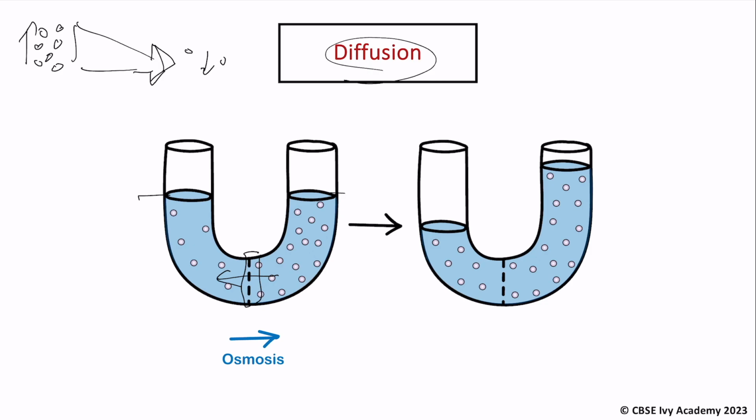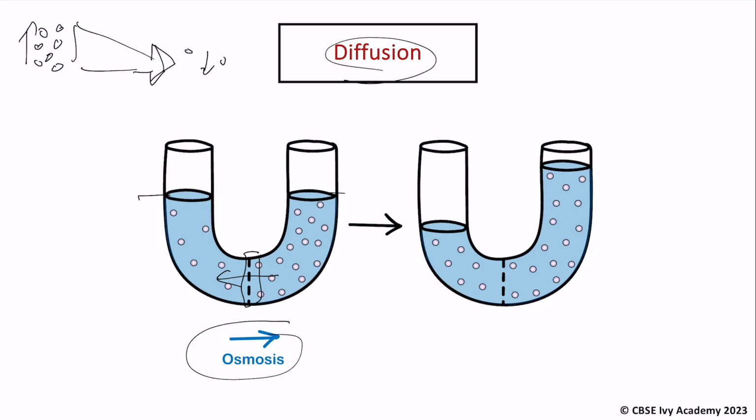And you can think of it this way. On the right-hand side, you have more solute molecules, so that leaves less space for water. And on the left side, you have less solute, so there's more space for water. And so because you have more water molecules on the left than on the right, generally speaking, water will flow from the left to the right, and that is called osmosis.